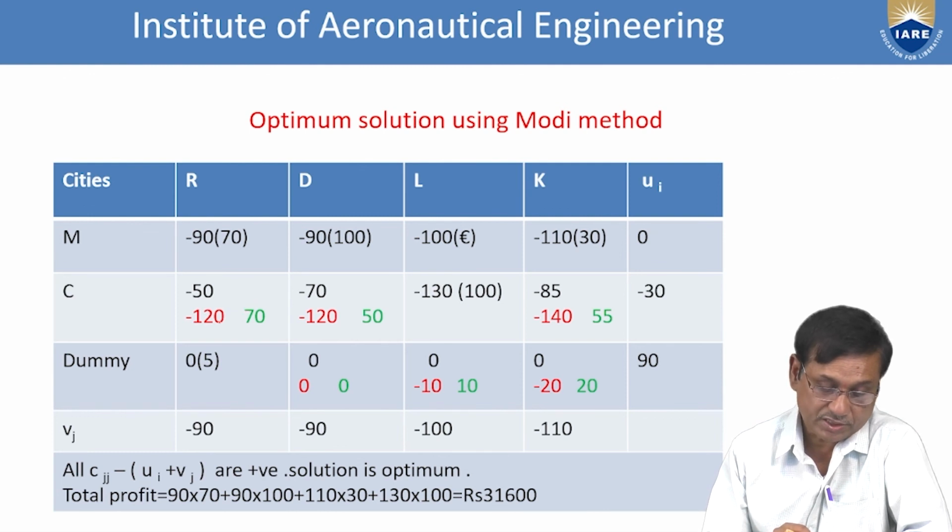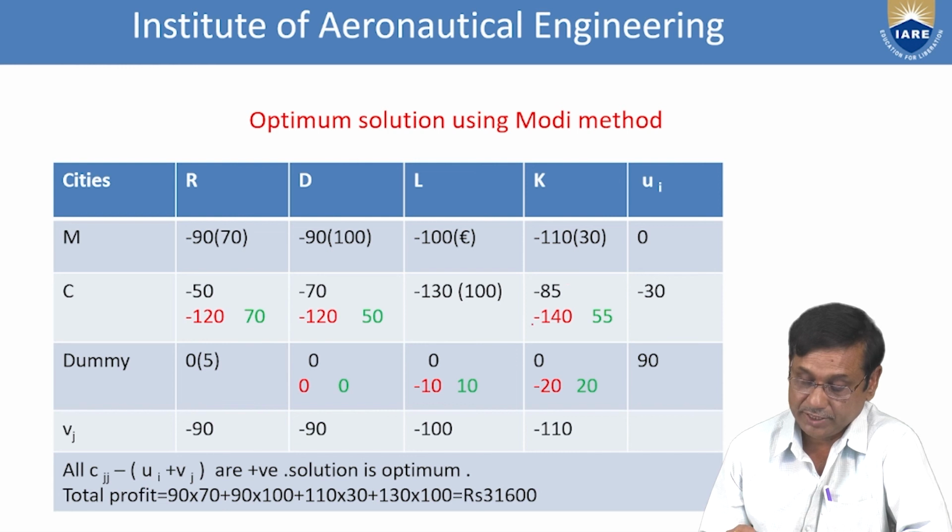Cij value is minus 50, ui plus vj value is minus 120, cij minus (ui plus vj) value is equal to 70. Similarly here minus 70 minus of minus 120 is 50, minus 85 minus of minus 140 is 55. Again 0 minus 0 is 0, 0 minus 10 is 10, 0 minus 20 is 20. So all the values are positive.